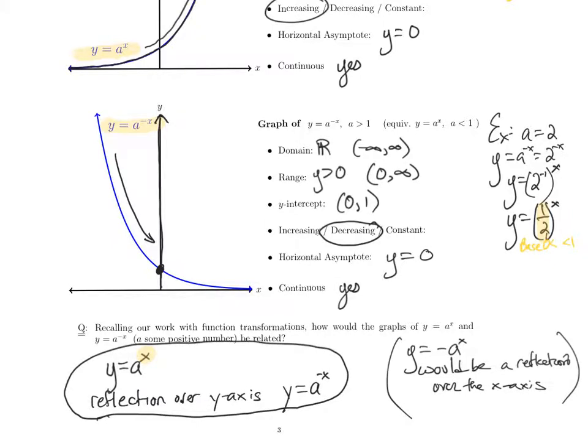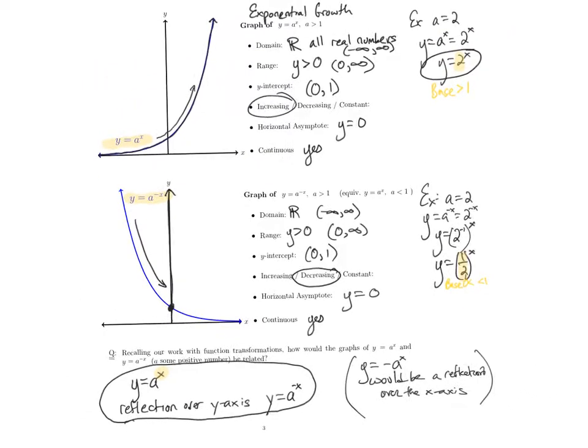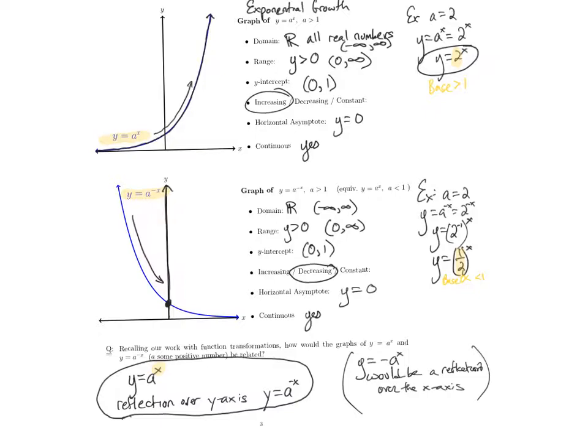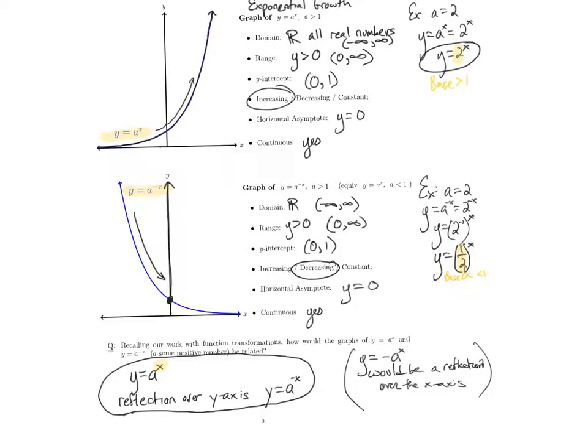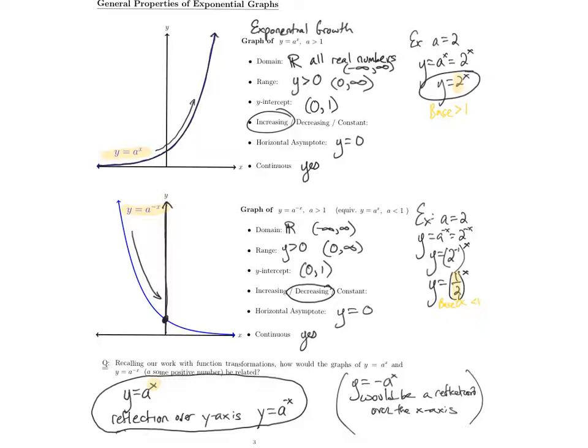And if you look at these two functions, you can kind of see how we do have that reflection going. We've got these two functions, and if you can picture reflecting right over that y-axis, like putting a mirror there, you're going to get this guy as a result.